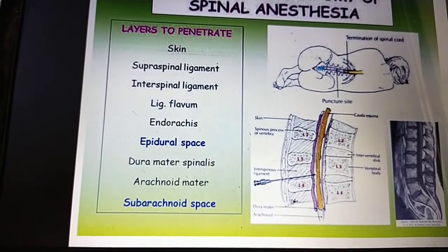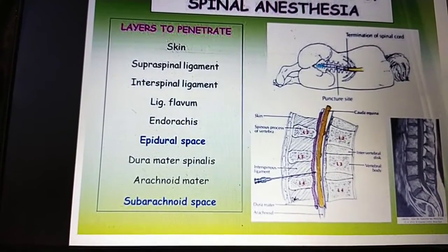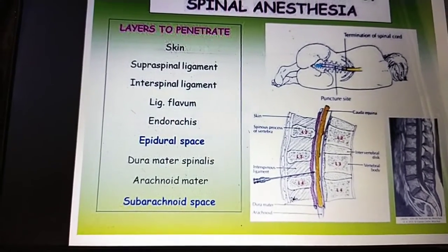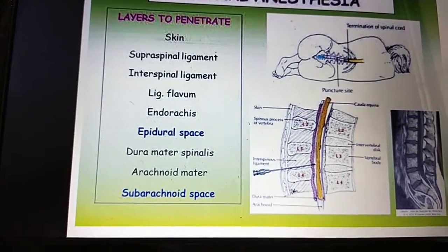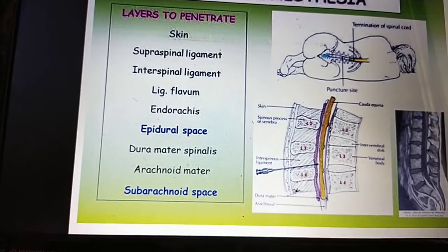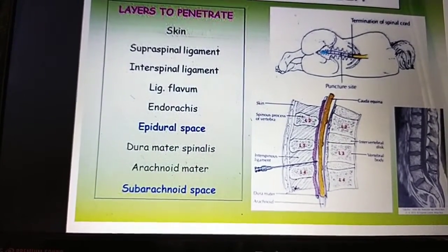These are the layers: ligamentum flavum, epidural space, dura mater spinalis, arachnoid mater, subarachnoid space. There you can see the CSF.